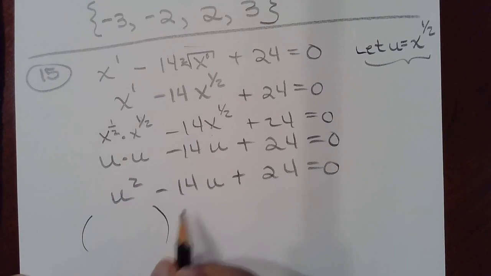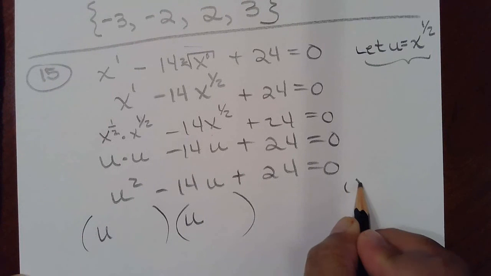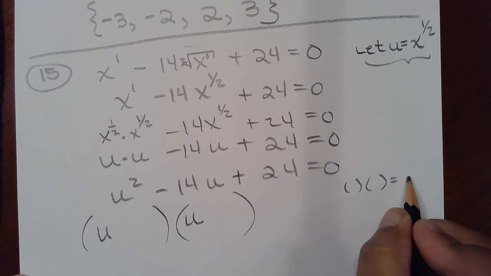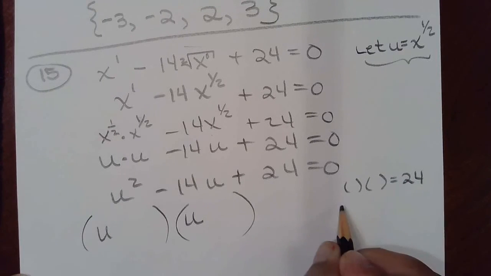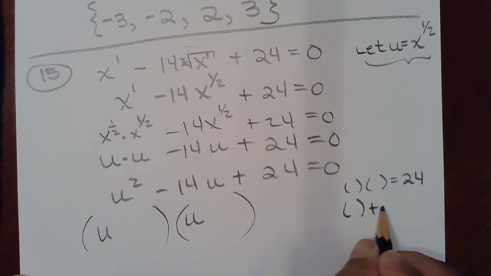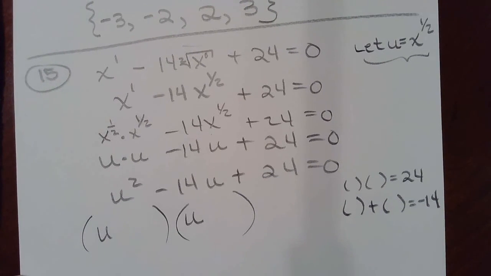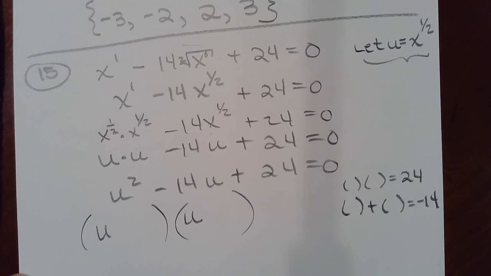When you go to factor, this is going to be u times u. You're looking for two numbers. This is called the guess and check factoring method for trinomials. Two numbers that multiply together to give you 24, but when you add, you get -14. So you want to figure out what those numbers are going to be.